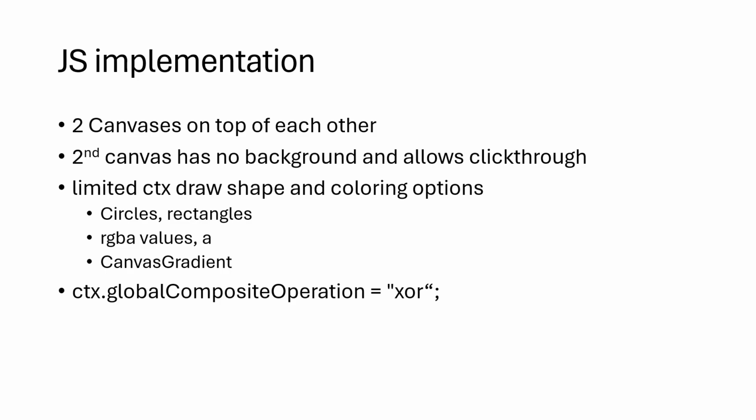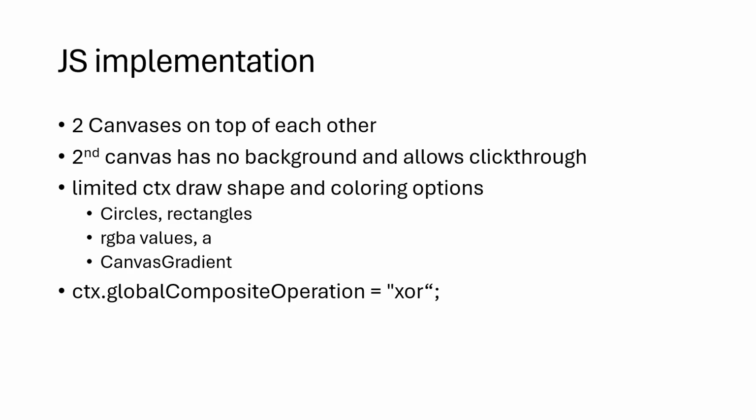Canvas gradient is complicated. It does allow gradient effects, but I have not found much success in implementing it correctly. Good luck if you're trying to use that. But the easy way is just circles. It's gonna be plain, it's gonna be a little boring, but it gets the job done.